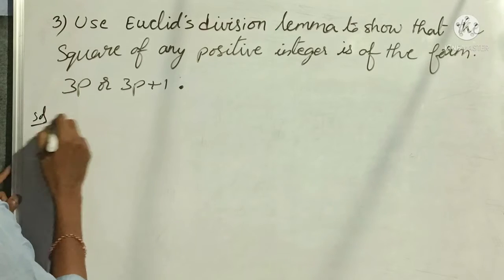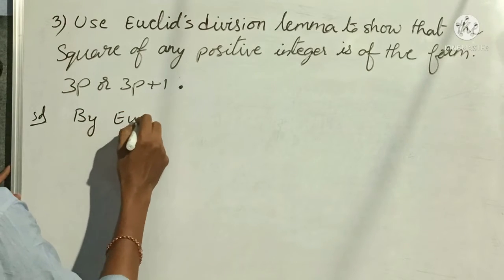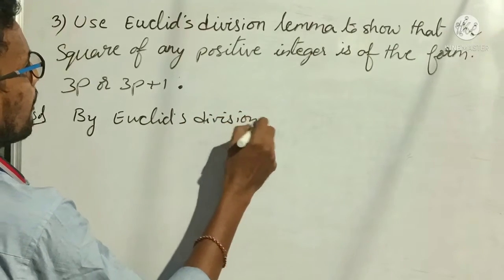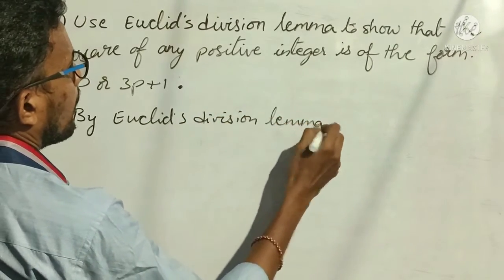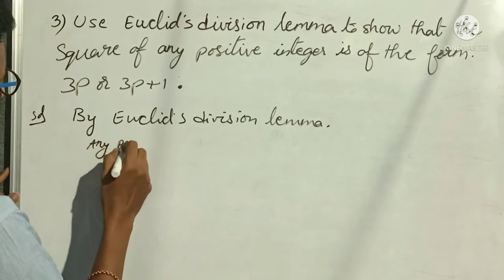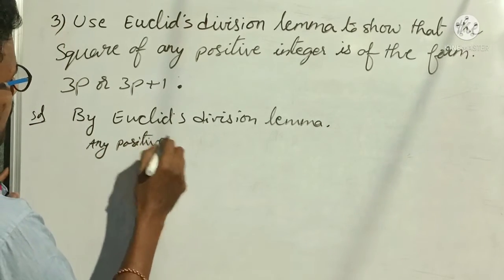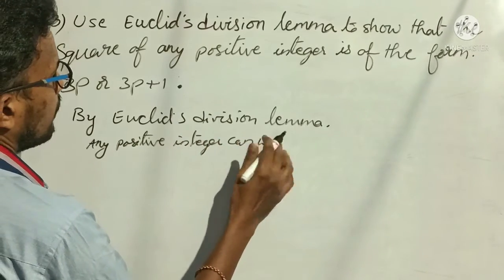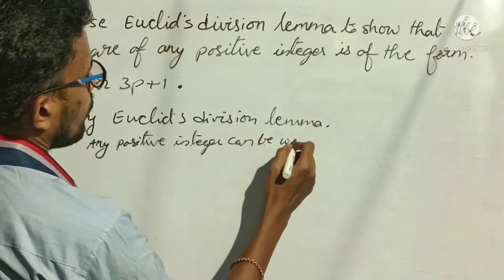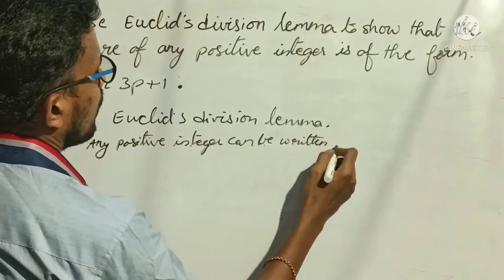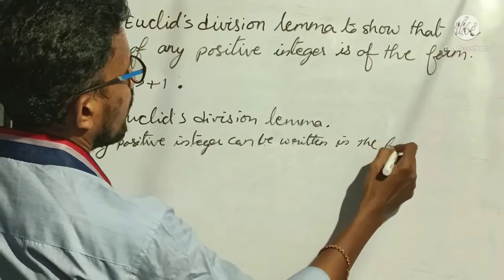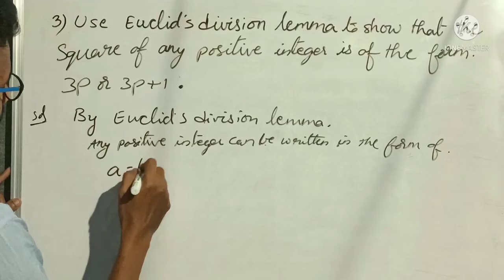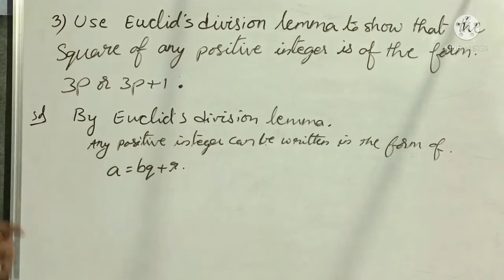So by Euclid's division lemma, any positive integer can be written in the form of a is equal to bq plus r.